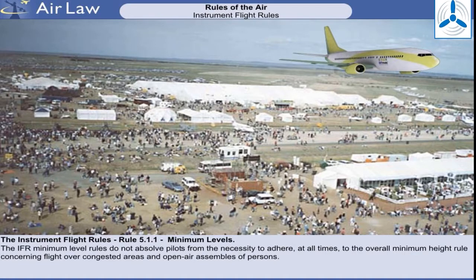Pilots should note that IFR minimum level rules do not absolve them from the necessity to adhere at all times to the overall minimum height rule, which stipulates that an aircraft must not be flown over congested areas or over an open-air assembly of persons below a height that, in the event of an emergency arising, would enable the aircraft to make a landing without undue hazard to persons or property on the surface.